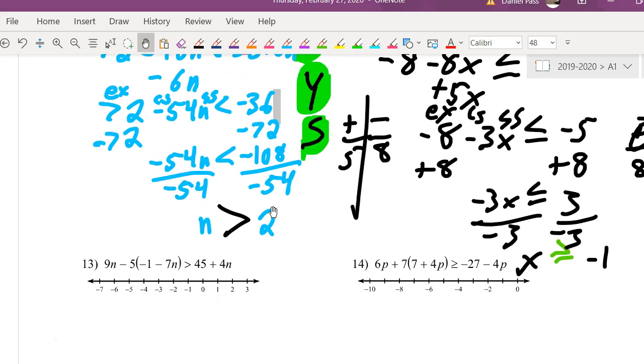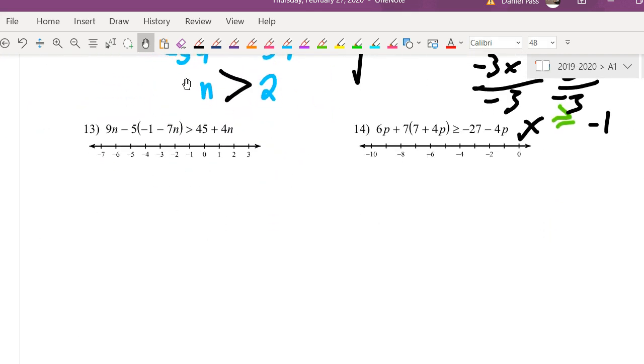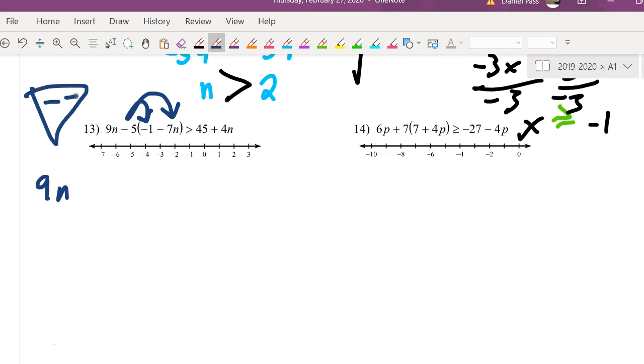Yeah, okay, here we go. Number 13. First, distribute this negative 5. Remember, you have to be careful if you're distributing something that it stays negative. 9n, negative times a negative.